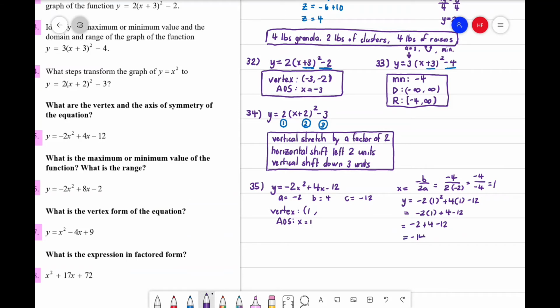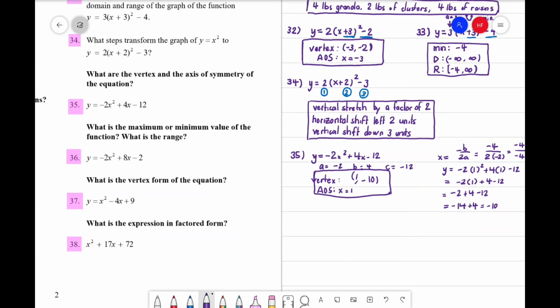Negative 14 plus 4, which is negative 10. So the y value is negative 10, so (1, -10) is my vertex. Looks like that's all we were looking for, the vertex and the axis of symmetry there. And then number 36.